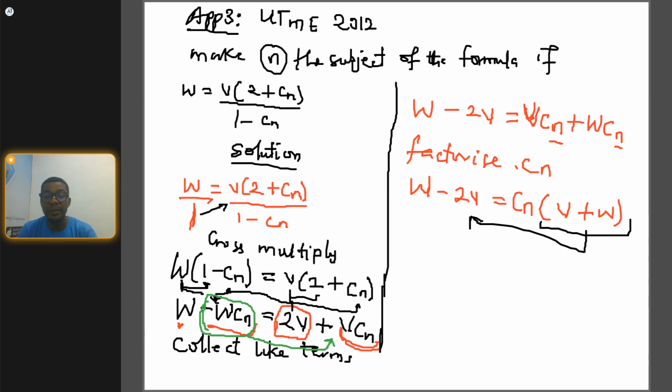So if you do that, you're going to have w minus 2v over v plus w equals to Cn. Is that clear to us?